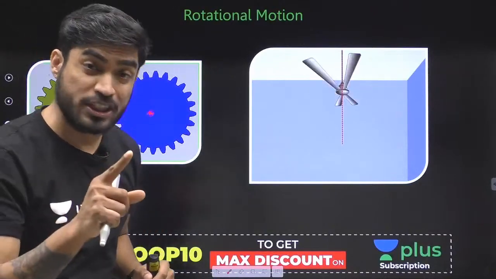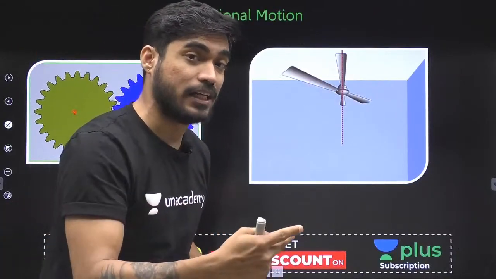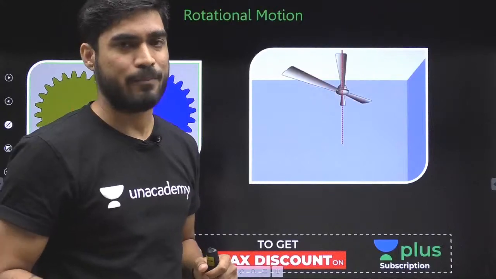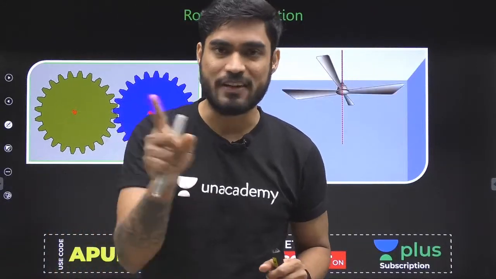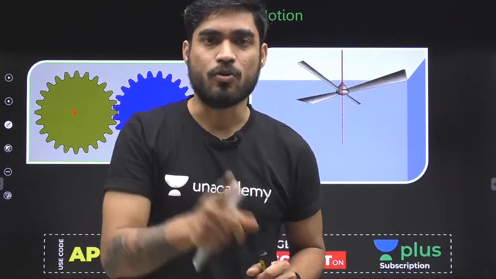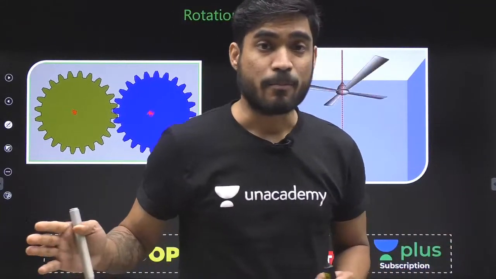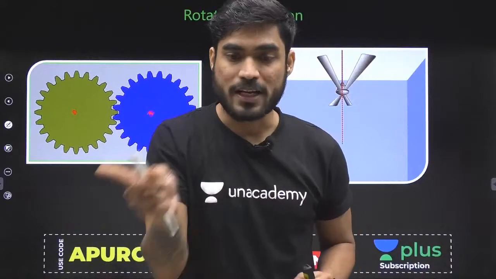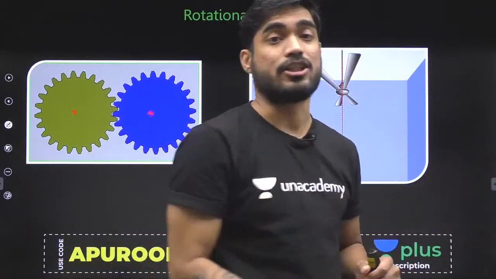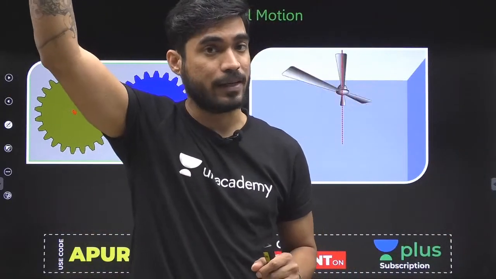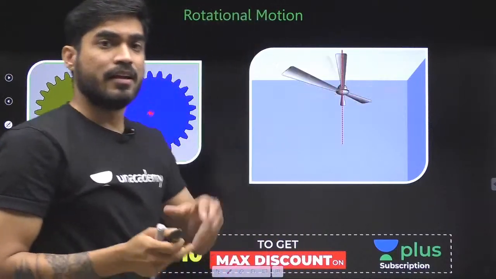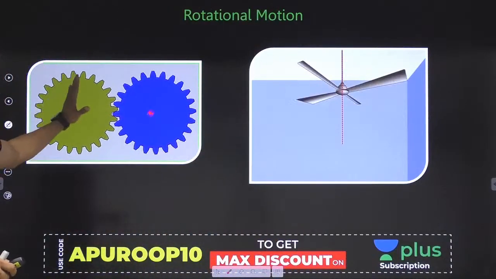The motion of the wheels of a vehicle is not pure circular motion, because the wheel of a vehicle is rotating as well as translating. It is going forward as translation motion. So there is rotation and there is translation motion. That is a different example. Here the center of rotation is fixed.